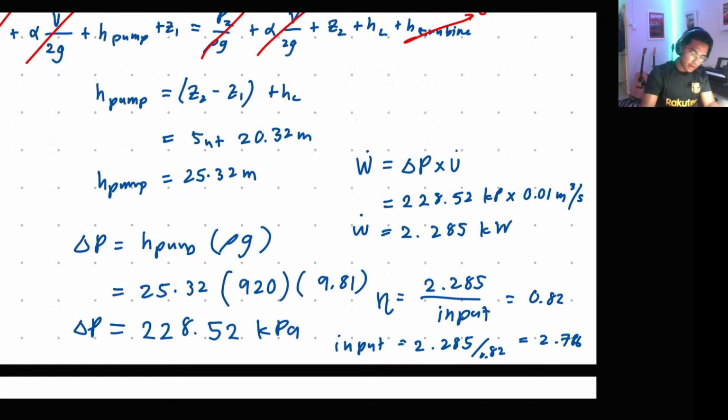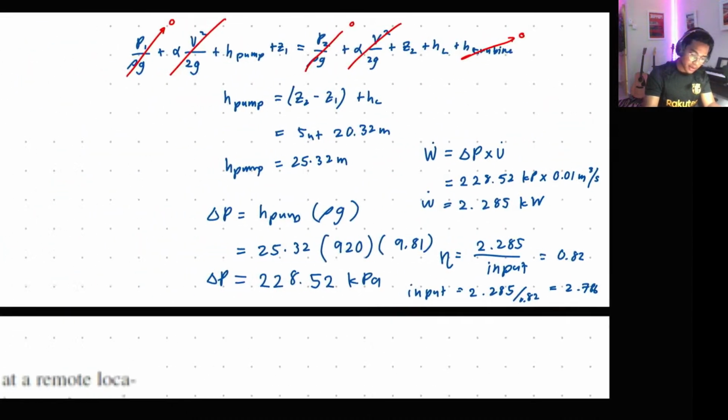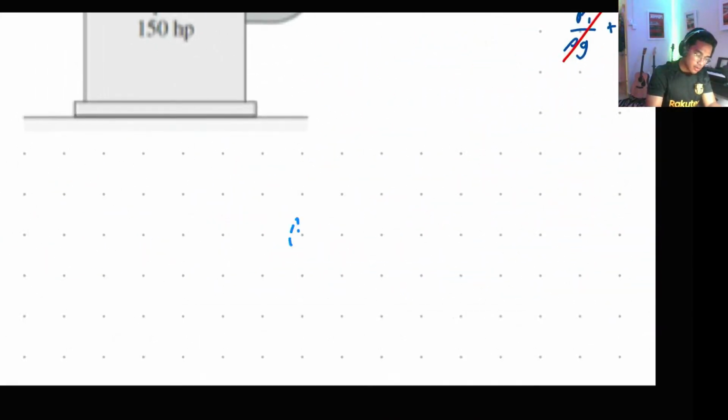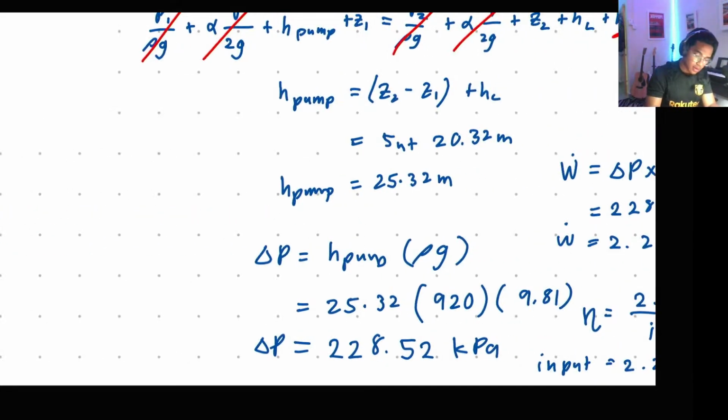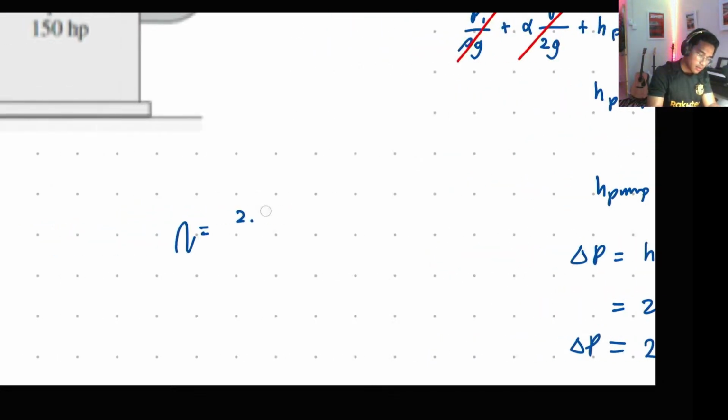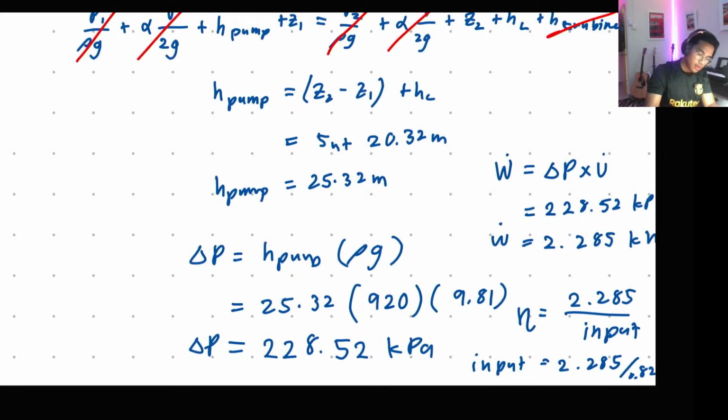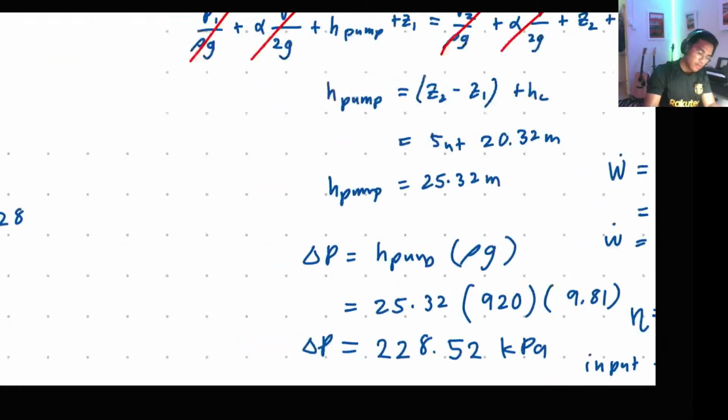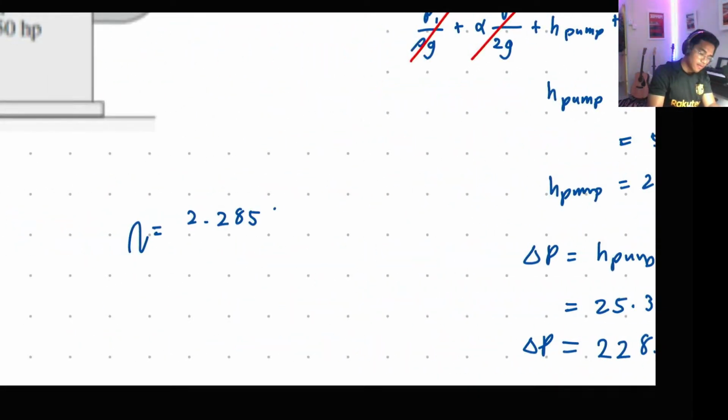Okay, so final answer aku dapat ni tu. Mn equals to 2.2852 kilowatt over input 0.82.